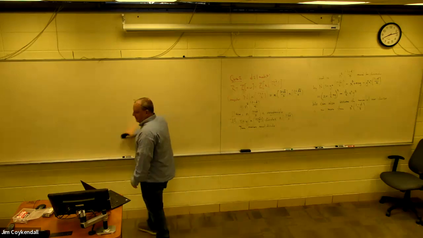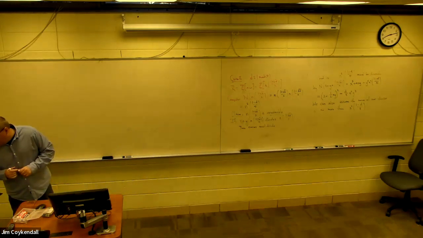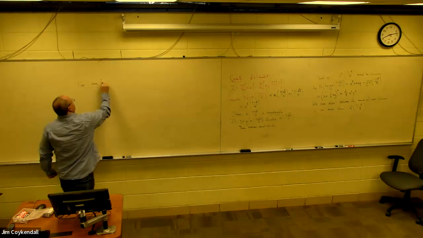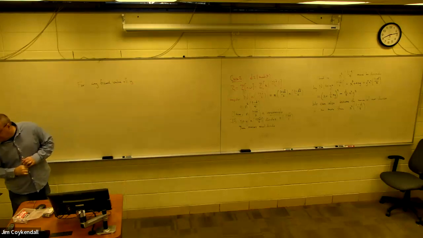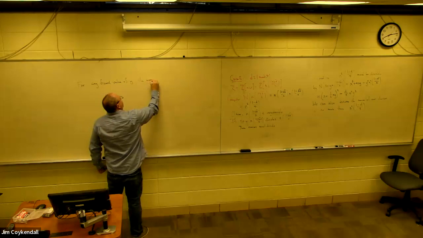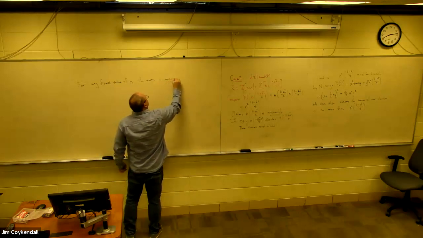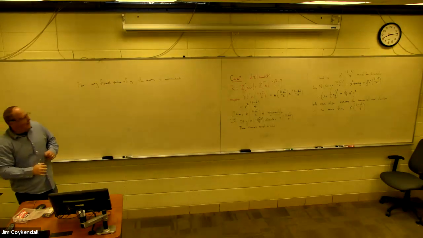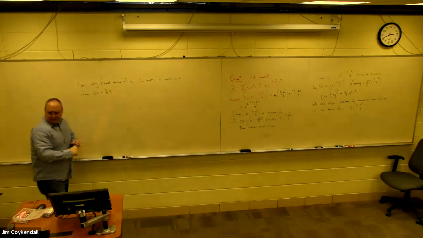And so now we're going to take advantage of that a little bit. For any fixed value y, the norm that we have over here is minimized when x is minus n over 2y.